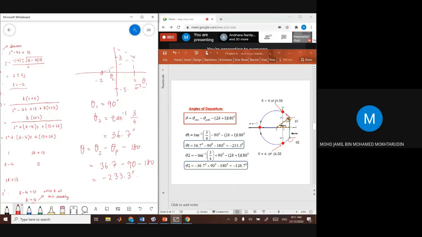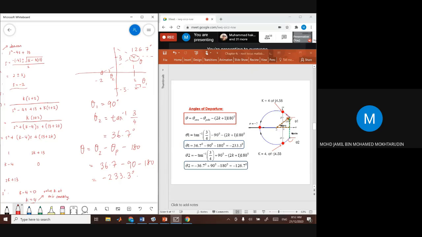So this angle is measured from the negative x-axis. So this is theta, meaning that this angle here is 36.7 here. Oh no, it is 126.7.